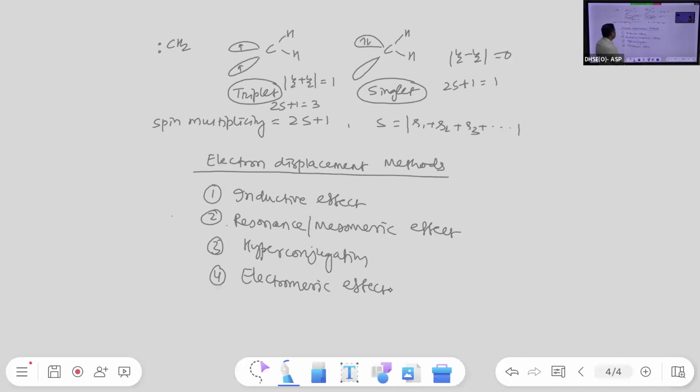So these are the methods known as the electron displacement methods. We are going to discuss them one by one.